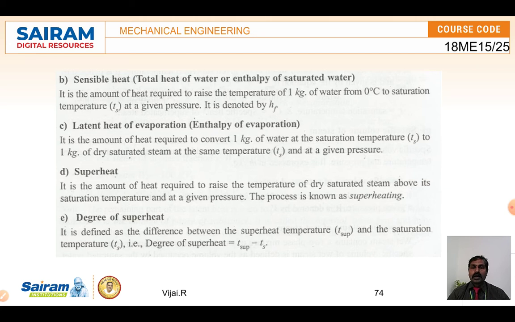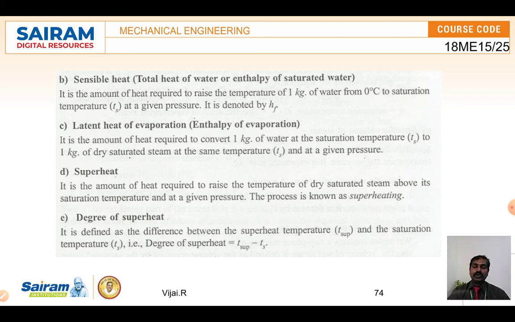It is the amount of heat required to raise the temperature of 1 kg of water from 0 degrees to the saturation temperature, up to the boiling temperature. That is called sensible heat. Latent heat is different. It is the amount of heat required to convert 1 kg of water at the saturation temperature to dry saturated steam.